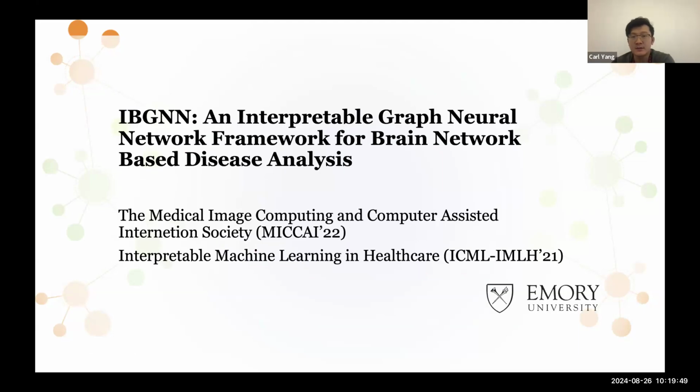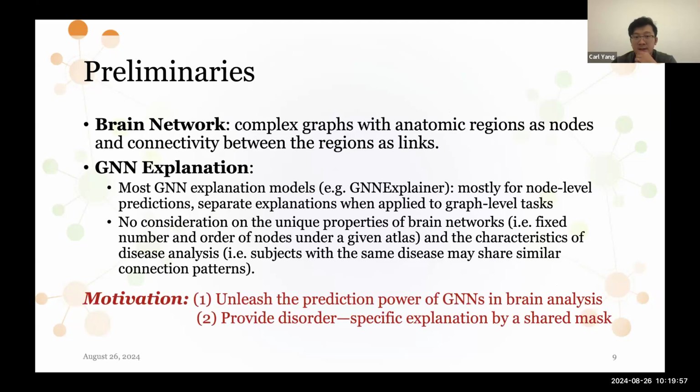The second work I want to introduce is this effort on interpretable graph neural networks for brain connectome analysis. So you probably know a brain network, or brain connectome graph, is basically a graph with brain regions as nodes, usually 100 or a little over 300 nodes.